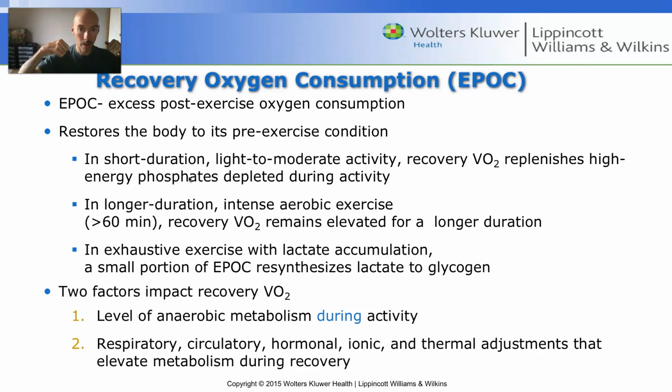So what we can do is take that lactate that we produce during exercise, break it back down into pyruvate and NADH, and then send those products into the aerobic energy system to make ATP to replenish all those things that we just talked about. So we can take lactate, recycle it, and ultimately replenish things that were depleted during exercise.